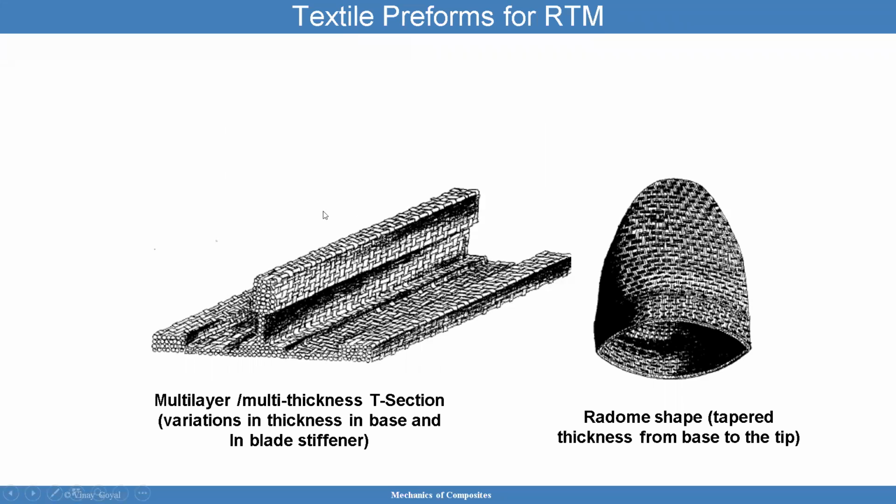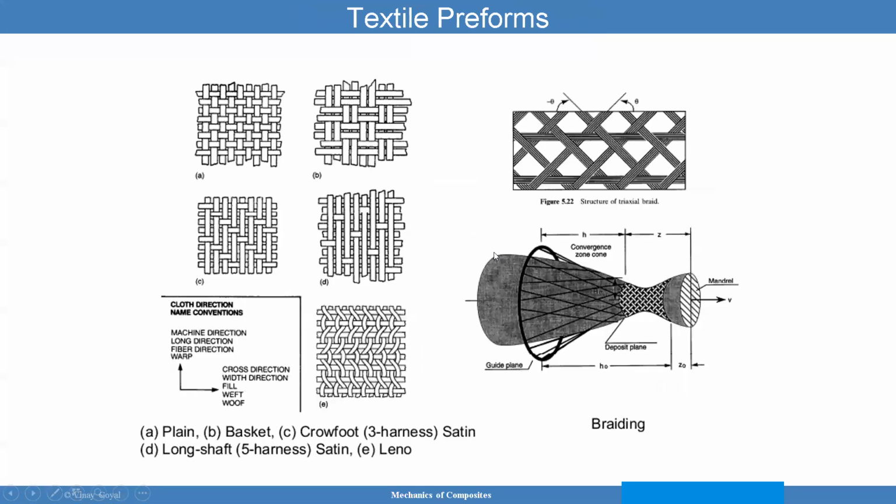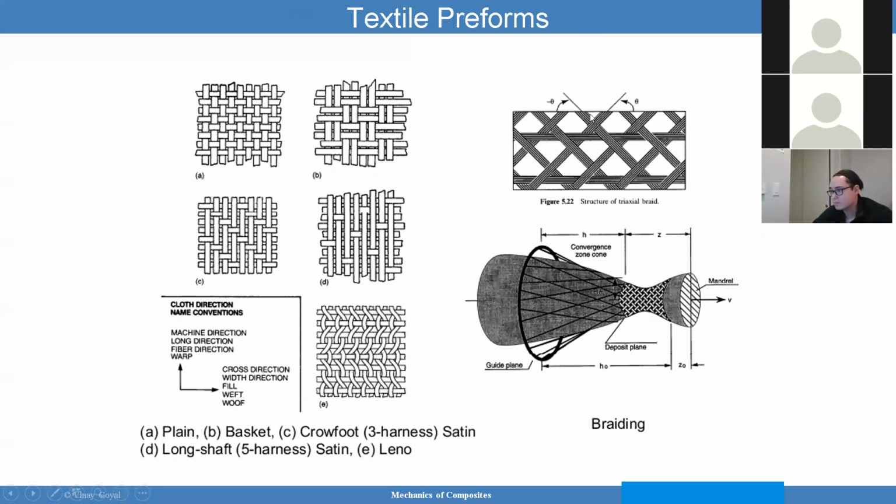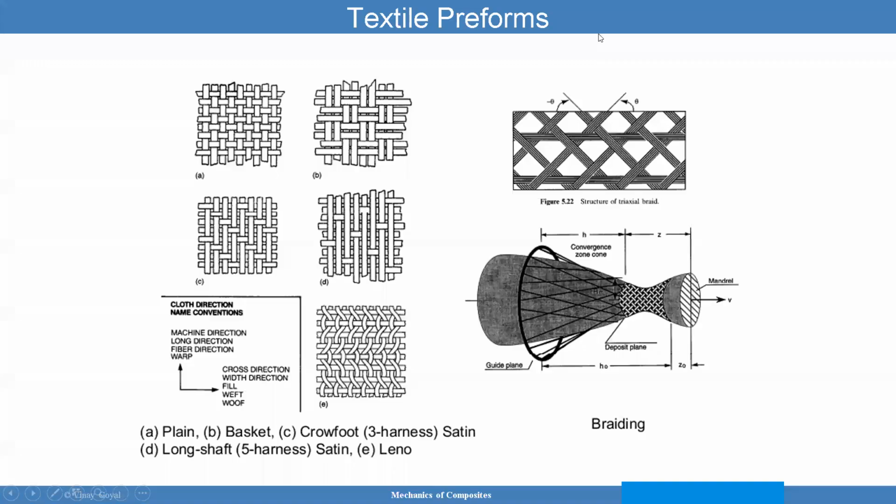You have textile preforms for RTM. You can see tri-axial sleeve braided composites, typically complex shapes. You can do a lot of complicated things with RTM. Here's an example of the kinds of preforms that you use.